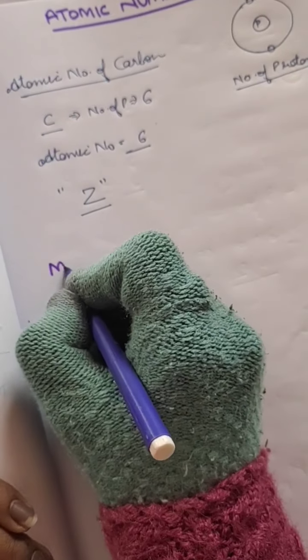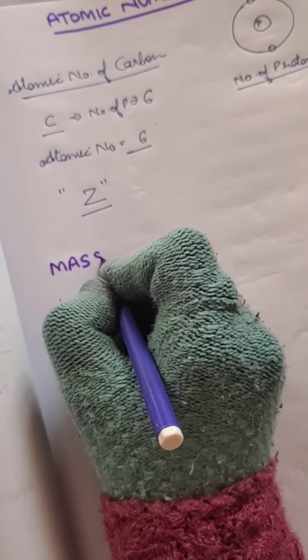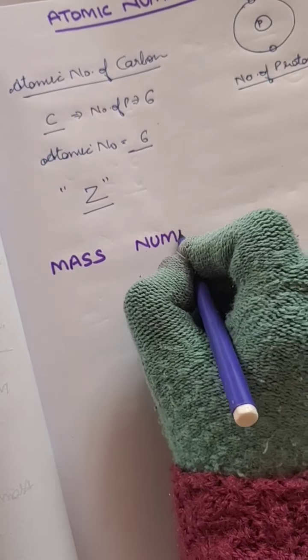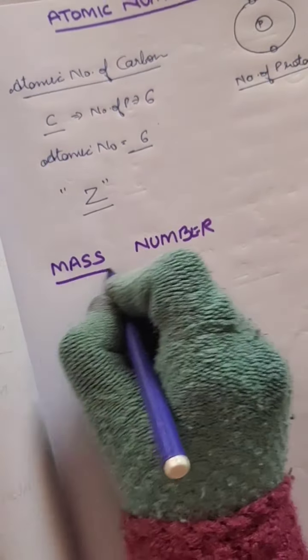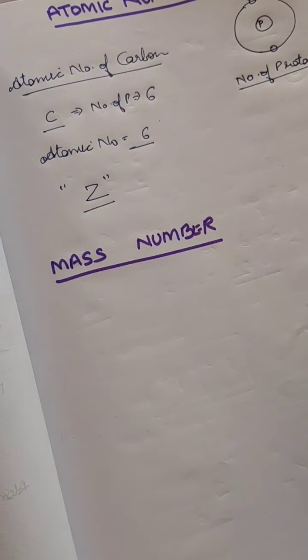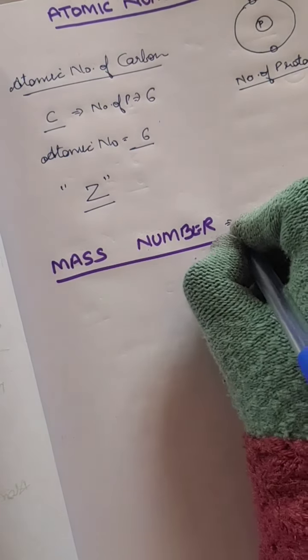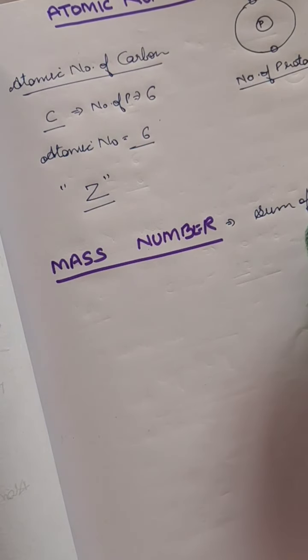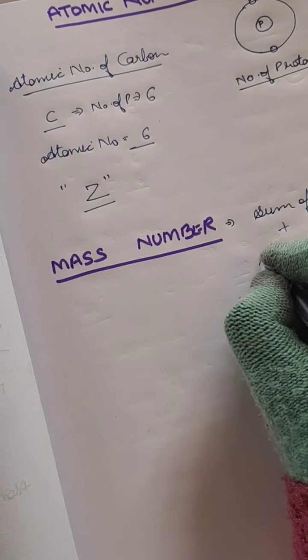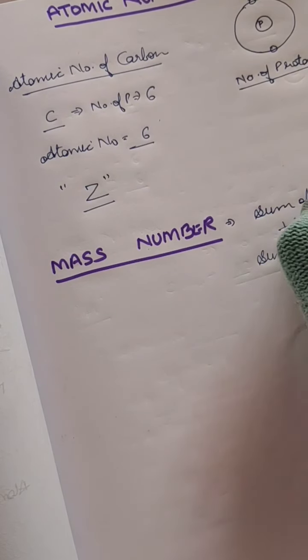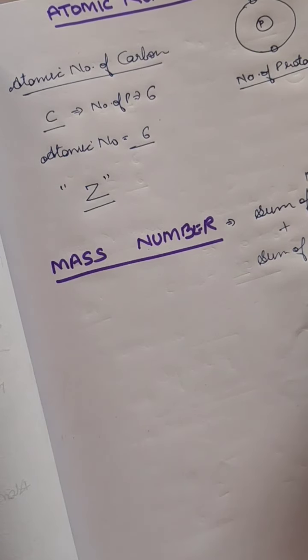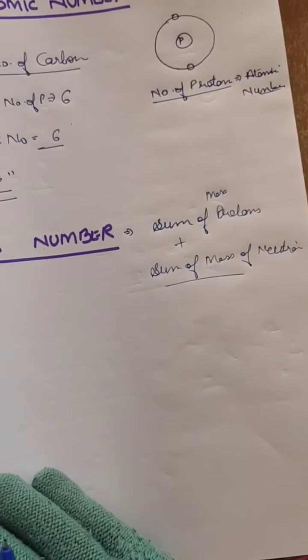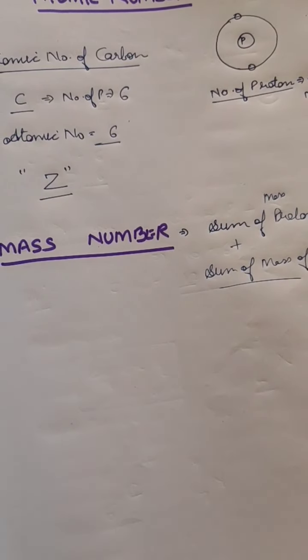About mass number, mass number is the sum of the mass of protons and the mass of neutrons.